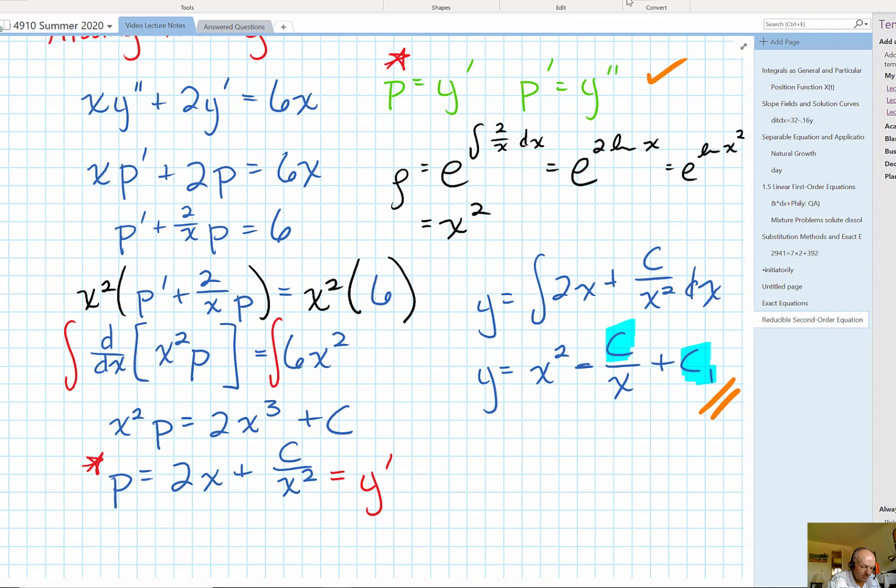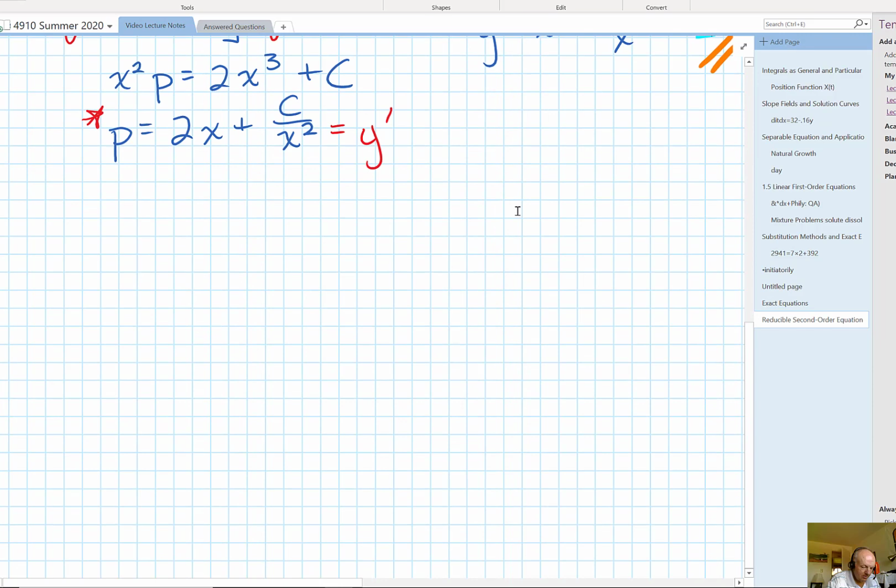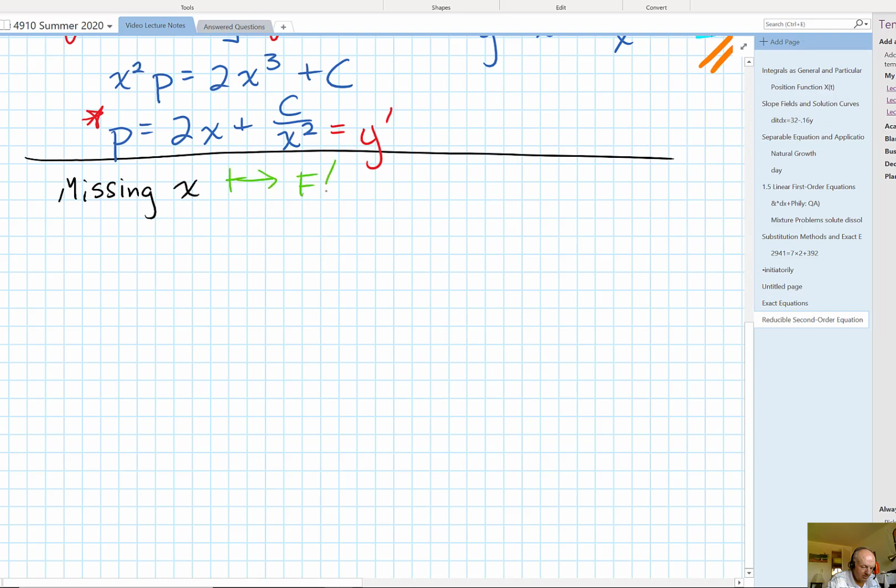So let's look at case 2, where you're missing just the x term, and so what you have is a differential equation that does include y and y prime and y double prime.